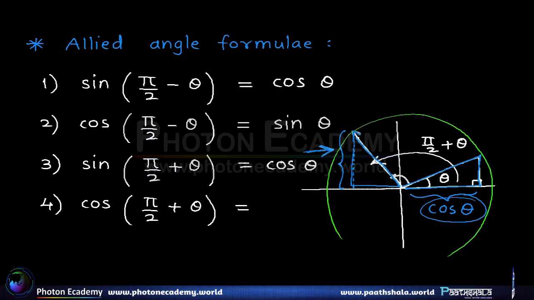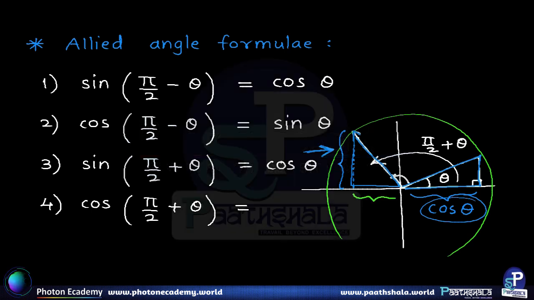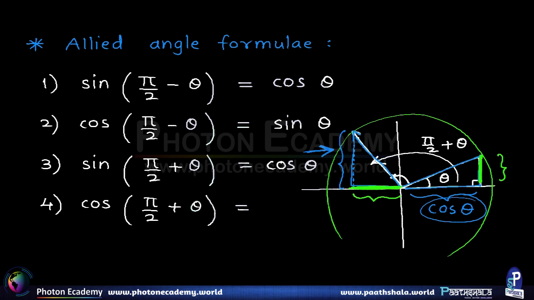But if we come to the cos of pi by 2 plus theta, now we know that cos is nothing but the x coordinate. But here we see that lengthwise this particular length, which is the x coordinate, is the same as the vertical length of the original angle, which is nothing but the sine ratio of theta. But with one difference, that here in pi by 2 plus theta the x coordinate is negative because it is in the second quadrant.